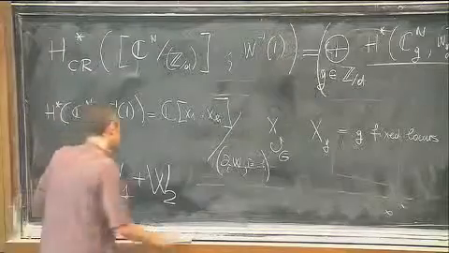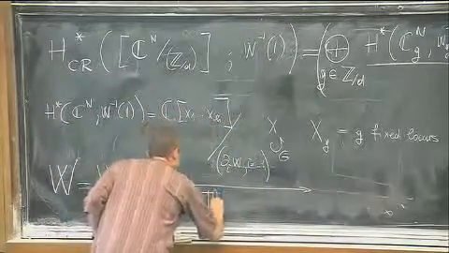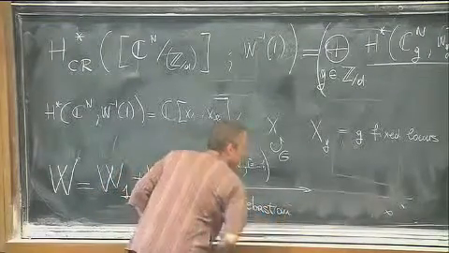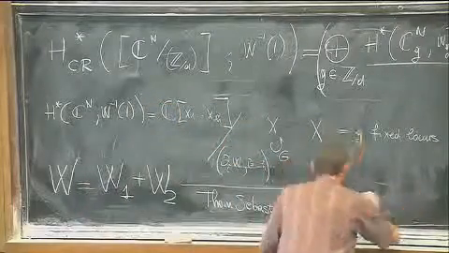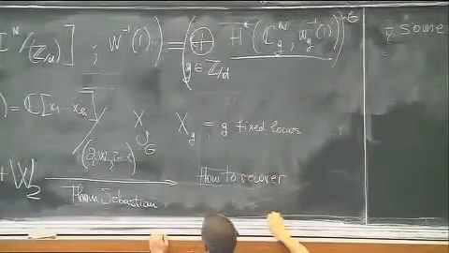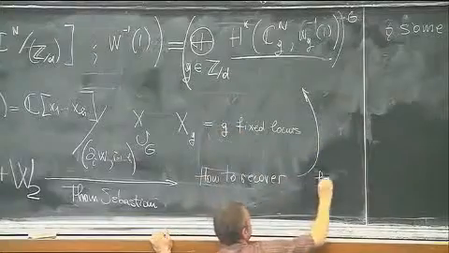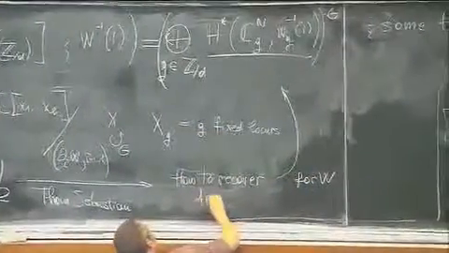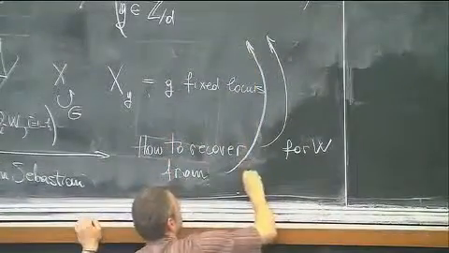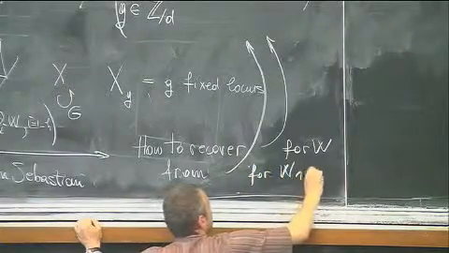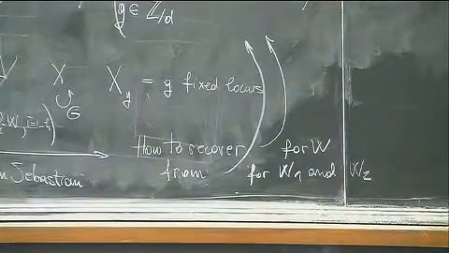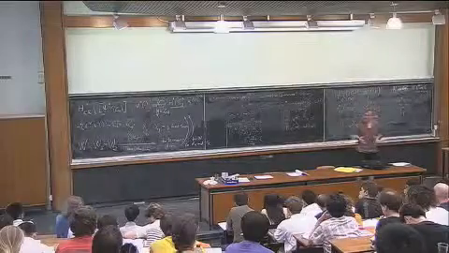Then there are theorems of type Thom-Sebastiani that tell us how to recover that thing for W from that same thing for W1 and W2.